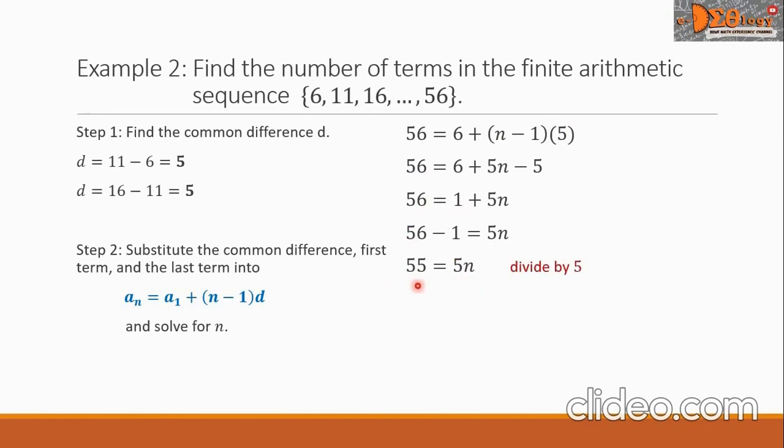So 55 divided by 5 will give 11, and 5n divided by 5 will give us n. So we can write n equals 11. So this is the number of terms for this finite arithmetic sequence. This is our final answer.